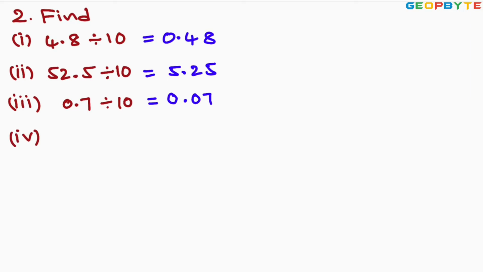Next, fourth one. 33.1 divided by 10. On dividing a decimal by 10, the decimal point is shifted to the left by one place. We have 33.1. If we shift the decimal point towards left by one place, then we'll be getting 3.31. Next, fifth one.